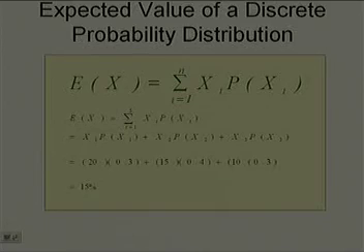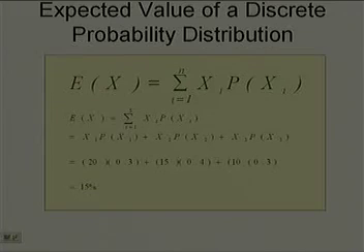Now the illustration of this expected value computation is given in this slide. You can find that the expected value for the second alternative comes out to be 15%. How has it been calculated? It has been calculated by summing up the product of rate of return and the corresponding probability values.